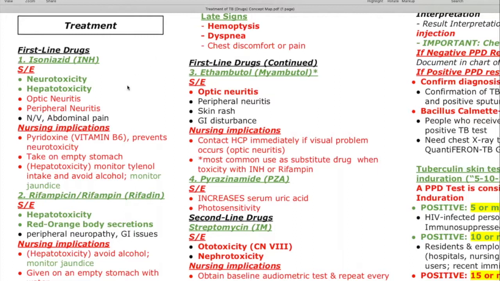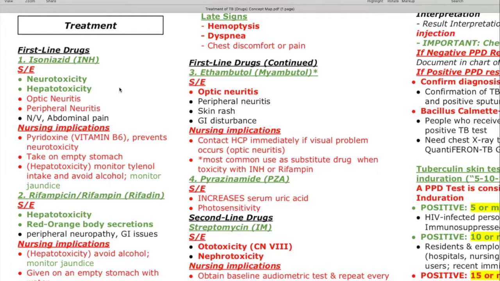The side effects here are neurotoxicity and hepatotoxicity, optic neuritis, and peripheral neuritis. It also can cause nausea, vomiting, and abdominal pain. The most important side effects to remember are neurotoxicity and hepatotoxicity.